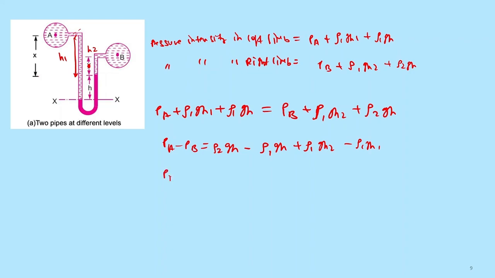So we can take common out, if we take G common, we will get (rho 2 minus rho 1) H plus rho 1 G (H2 minus H1). That is the final formula for this differential manometer at different level.